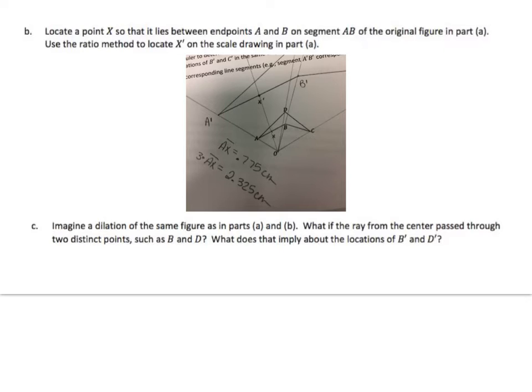What if I drew from D B straight down? Okay, that just means that both B prime and D prime would lie on the same line. If B and D are on the same line, then B prime and D prime would also be on the same line.